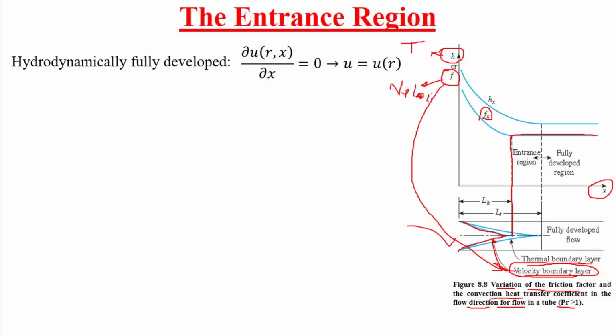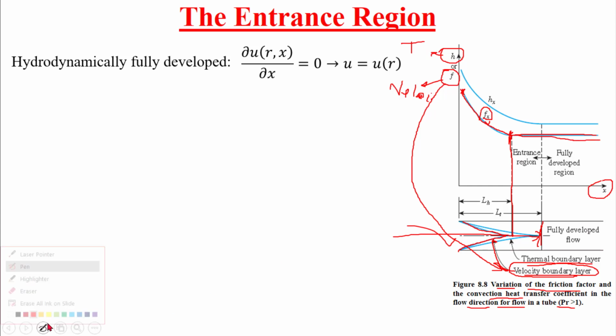Notice that it is local. At the beginning of the entrance, we start with a very high value of friction because the friction is felt strongly at the entrance. Then, as we go deeper inside, the boundary layer starts vanishing until this point. So its value decreases until we reach this point, and in the fully developed region, it becomes constant.